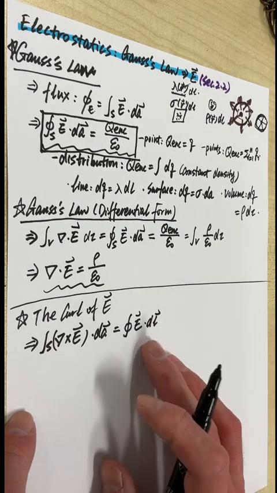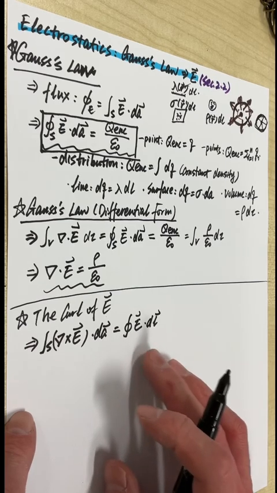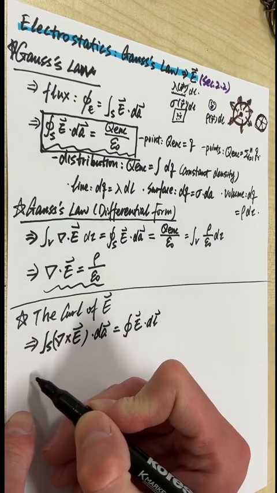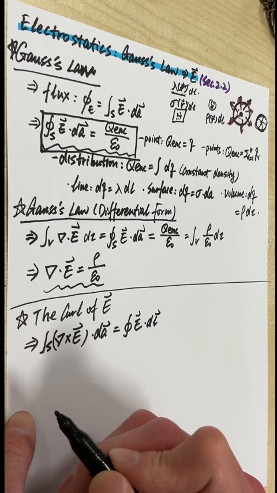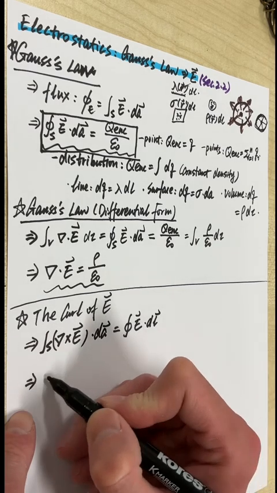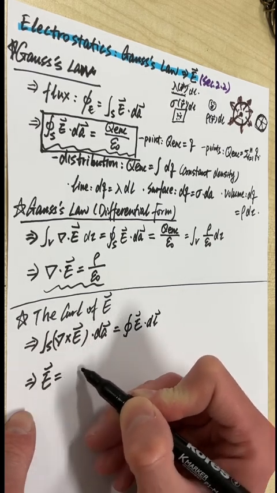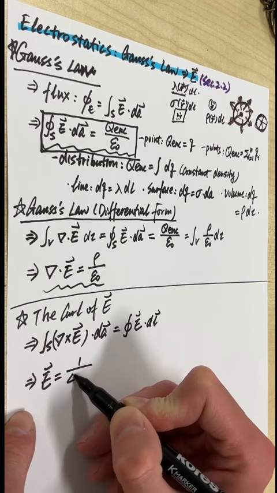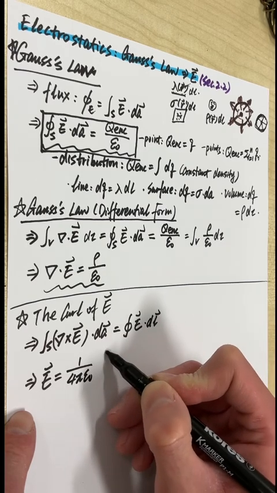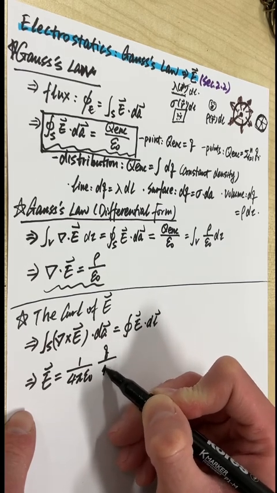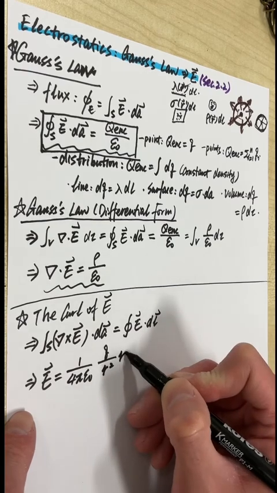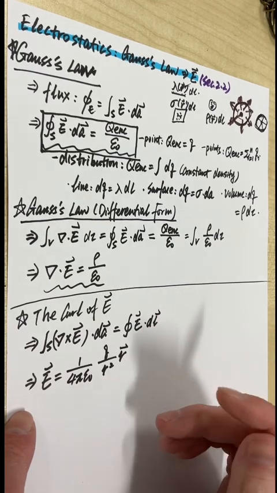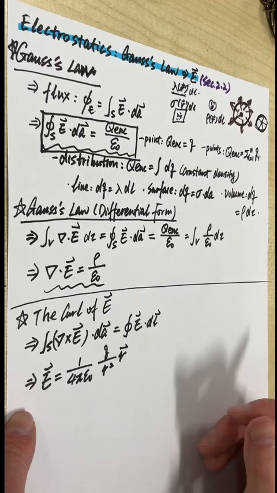So how do we determine this? If we come back to Coulomb's law, for a point charge we have 1 divided by 4 pi epsilon 0, and then Q divided by R square, in the direction of R, so it spreads out.